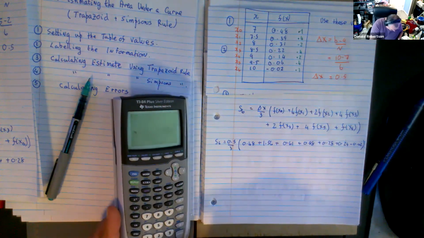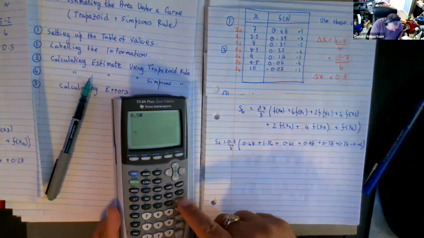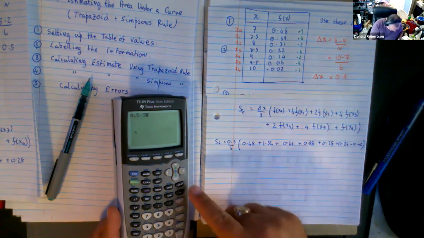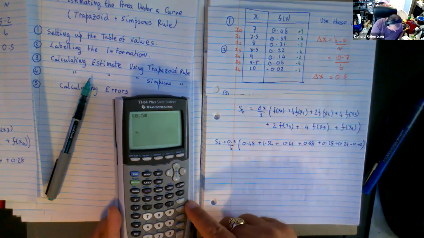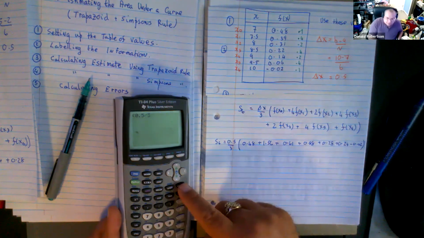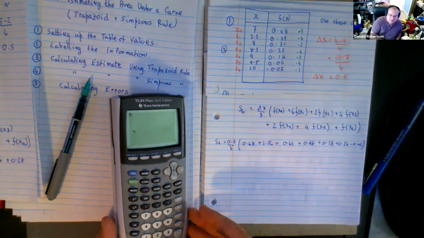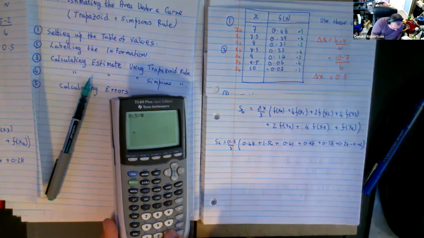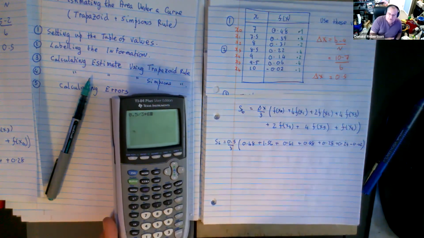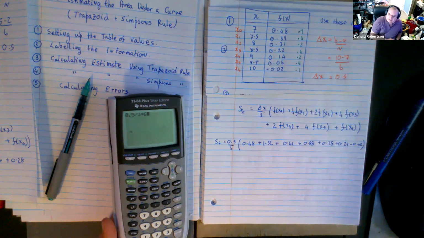So 0.5 divided by 3. Oops, let's do my little safety thing. Oh, let me show you why I do that dividey thing. If I went 0.5 divided by 3 times 6, just for argument's sake, you see the answer?